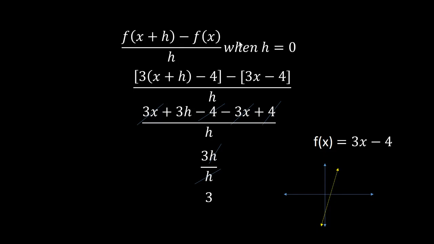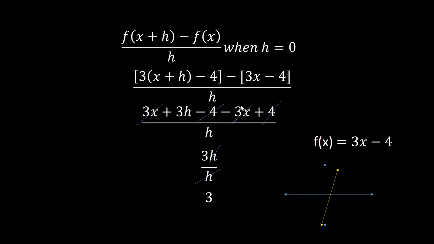The definition of a derivative is a calculus term. What the difference quotient is really doing for us is giving us the slope of a tangent line. A tangent line is a straight line that only touches the curve in one spot.